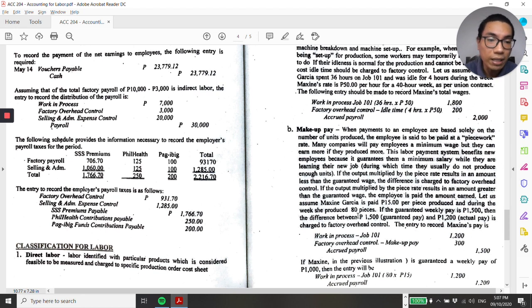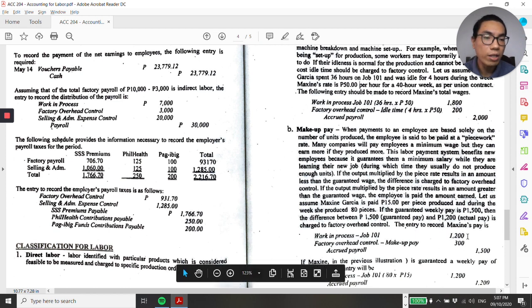So, sabi dito, 15 per piece daw yung kanyang rate on a make-up pay basis, and 80 pieces daw yung na-produce na. That's why it's 15 pesos per piece times the number of pieces na produce, which is 80 pieces. And that's why we came up with 1,200, which is a direct charge to our work in process account.